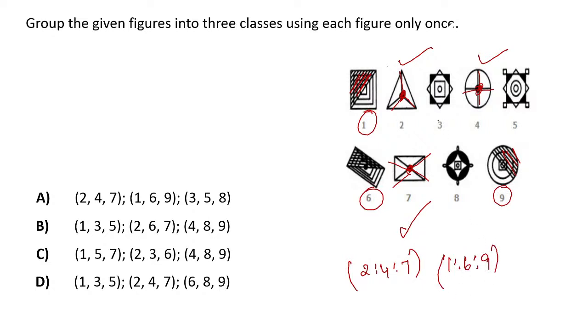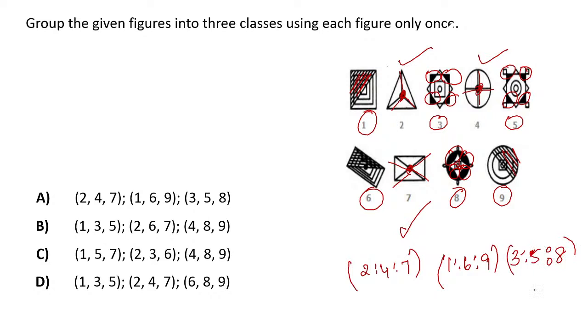So remaining is very simple, 3, 5 and 8. Now 3, 5, 8, the commonality is that the edges are dark. Yes, here also black and white pattern is here. And here also black and white pattern is here. Okay. So 3, 5, 8 will come as a group.